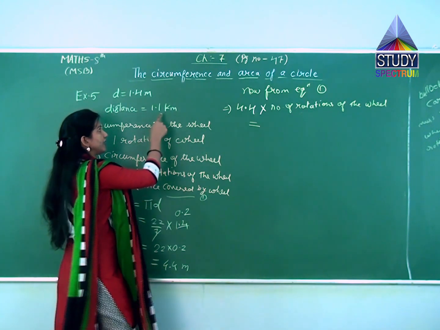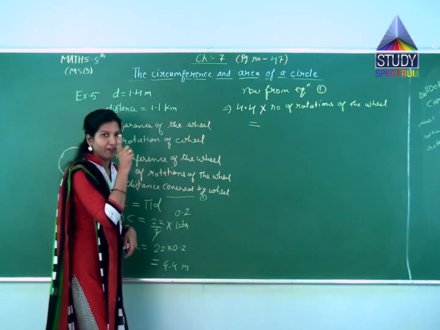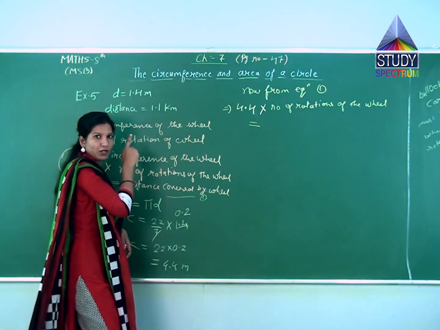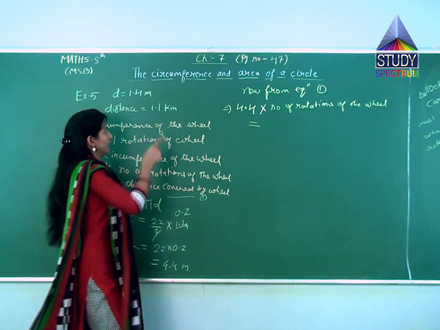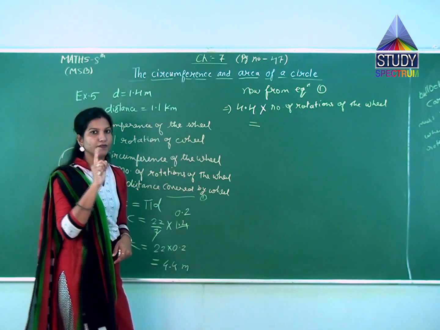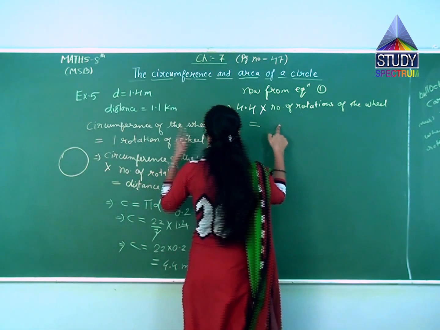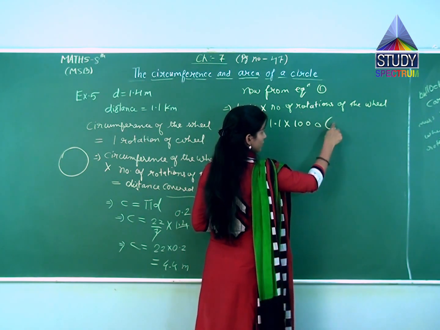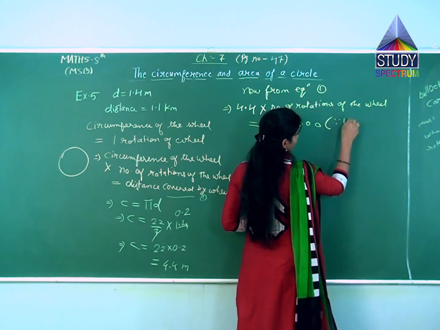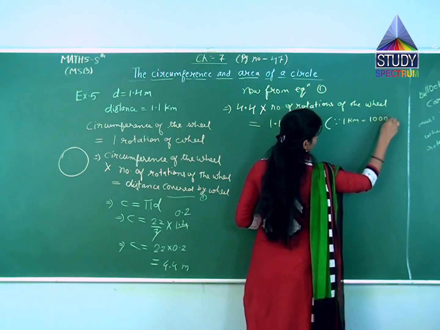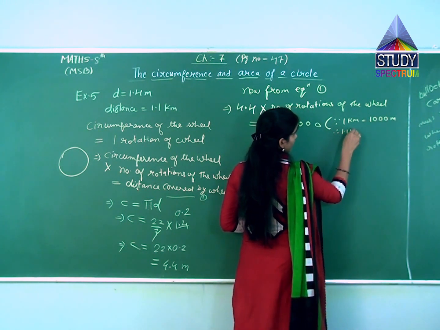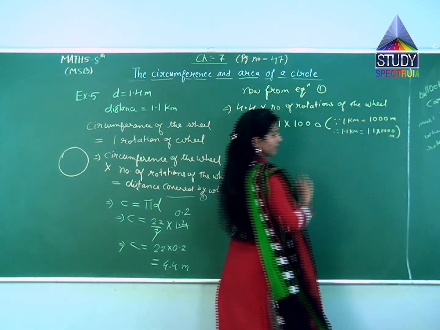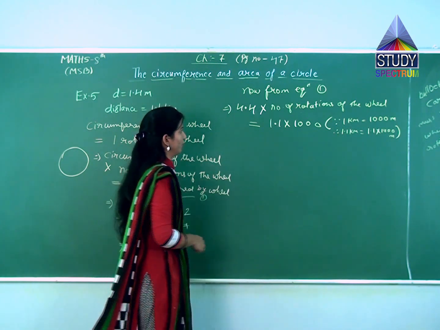For converting kilometer into meter, what do we do? 1 kilometer is equal to 1000 meters. So 1.1 kilometer will be equal to 1.1 into 1000 meter. Understood?